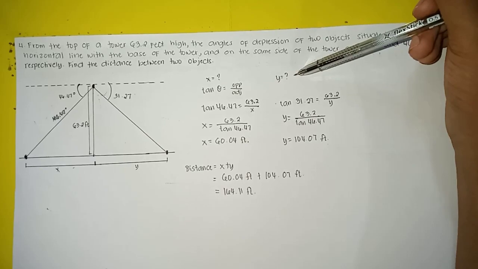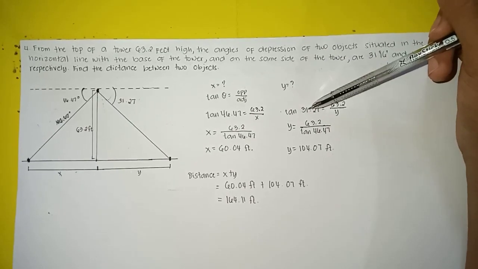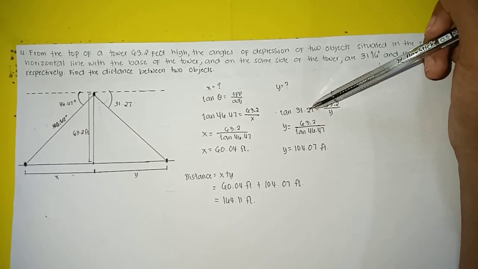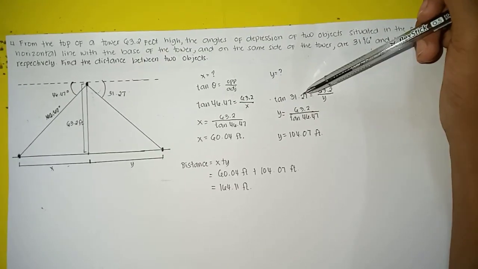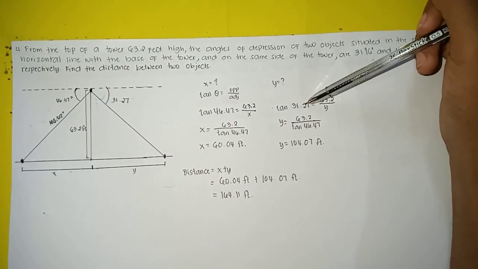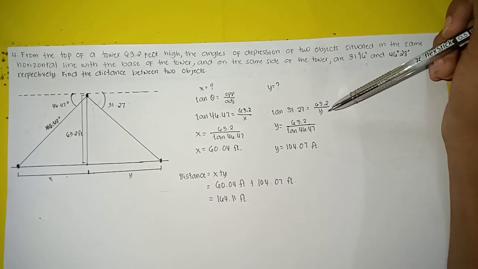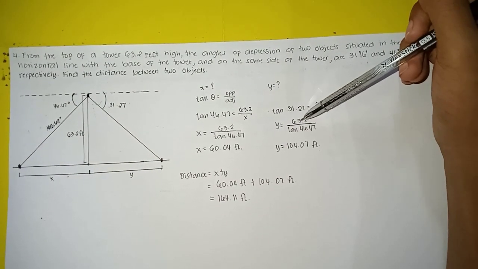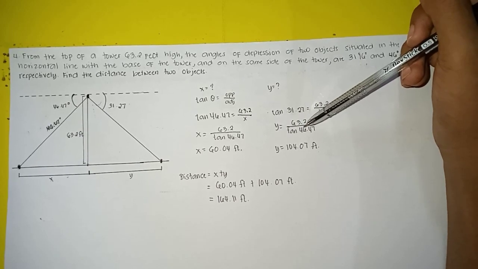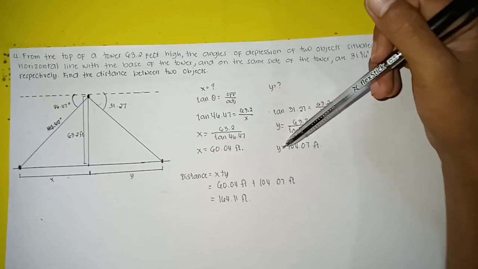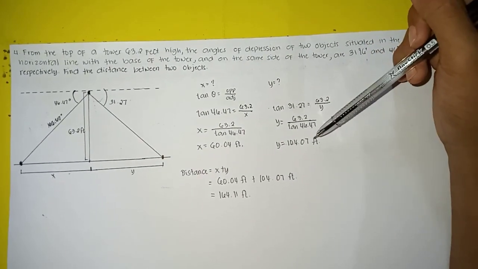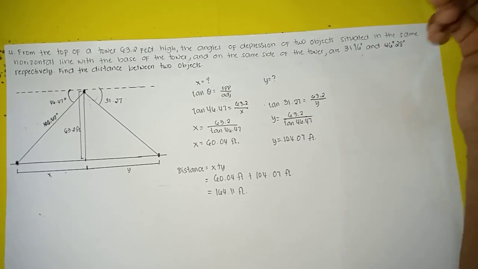Then now we will find the value of the distance from the center of our second object, which is y. Tan of 31.27 equals 63.2 over y. Y equals 63.2 over tan 31.27. Our y is 104.7.